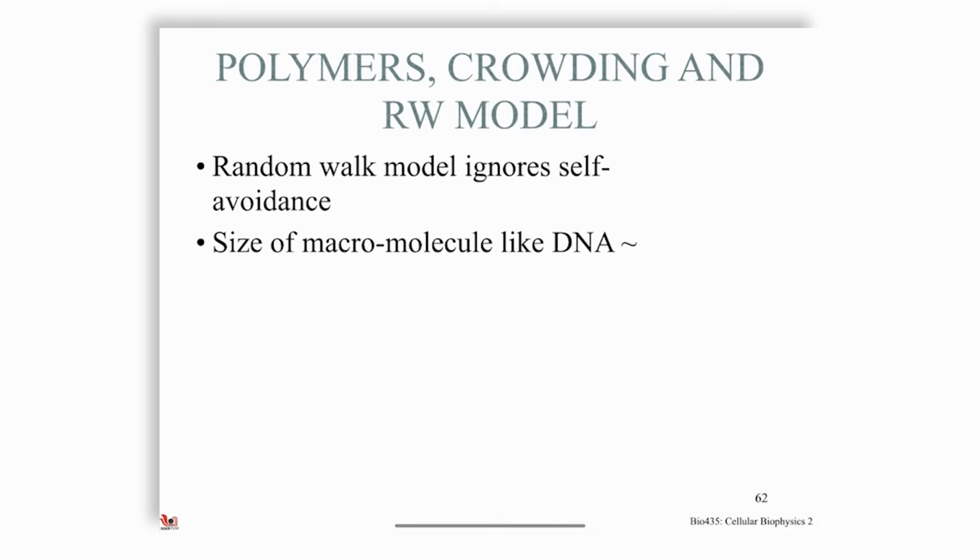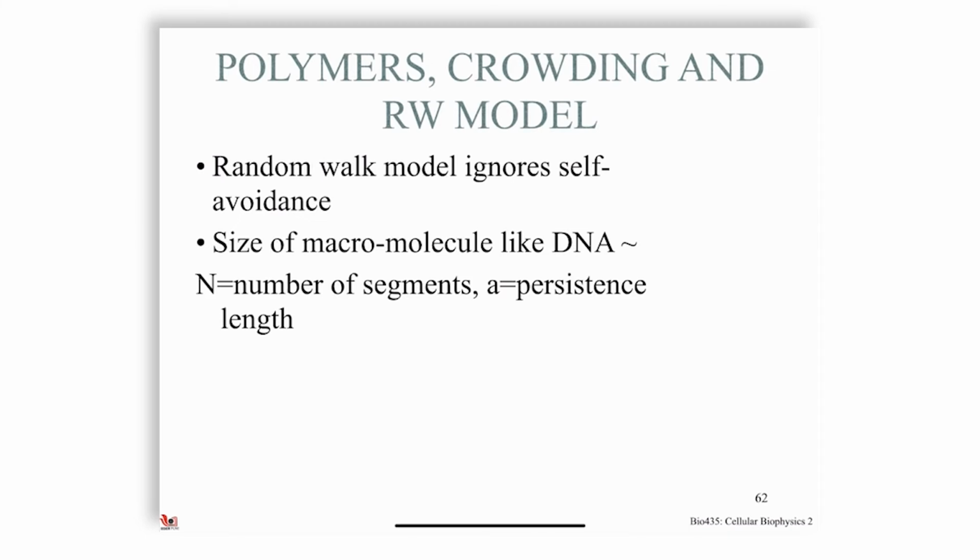So, we've talked about volume exclusion, depletion interaction, and now we're going to talk about how polymers are affected by crowding and the random walk model. And the random walk model, which we talked about last semester, if you remember, allows for polymers to cross over onto themselves. It ignores, in that sense, self-avoidance.